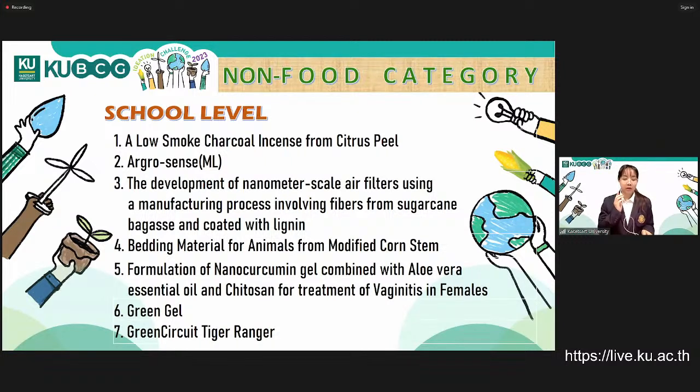Bedding material for animals from modified corn stems from Thailand. 5. Formulation of nano-curcumin gel combined with aloe vera essential oil and cortisone for treatment of vaginitis in females from Vietnam. 6. Green Gel from Thailand. And 7. Green Circuit Tiger Ranger from Thailand.